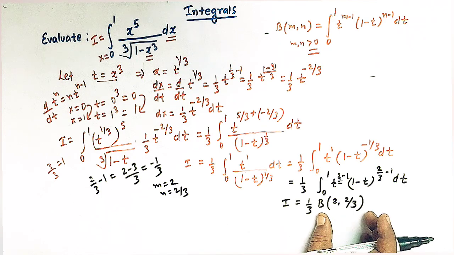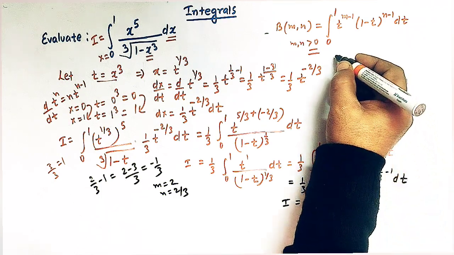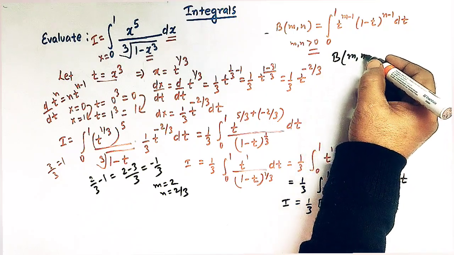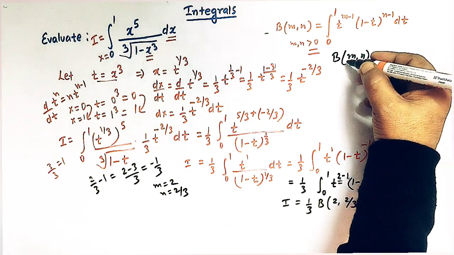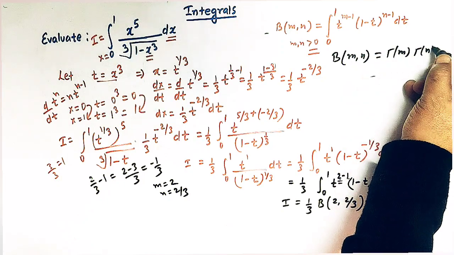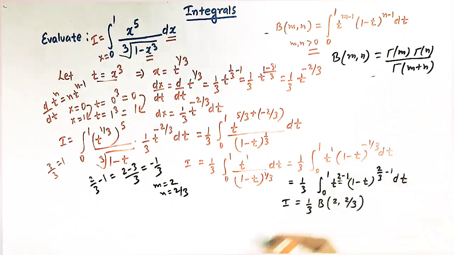So now to get the value of beta 2 comma 2 by 3, we will make use of this important result, which connects the beta function with gamma function. So beta m comma n is given by gamma m times gamma n divided by gamma m plus n.